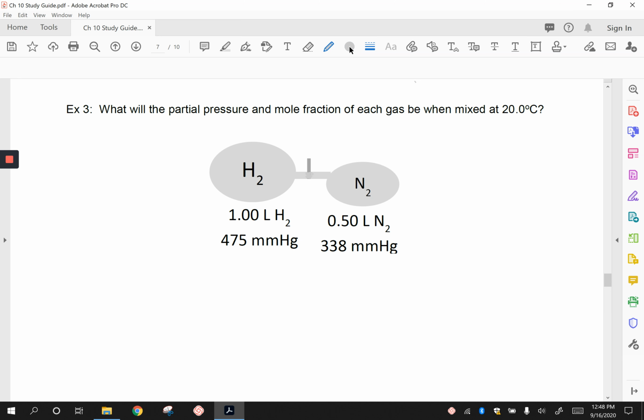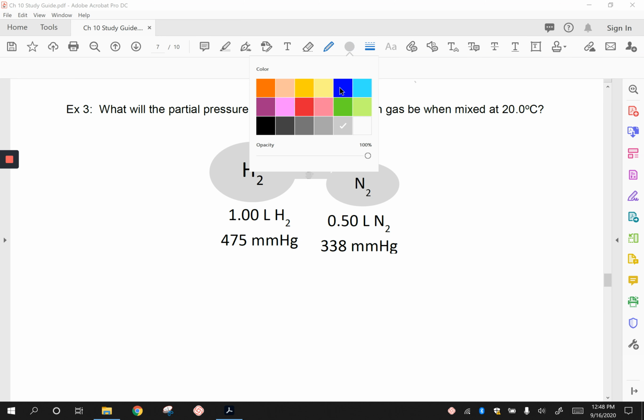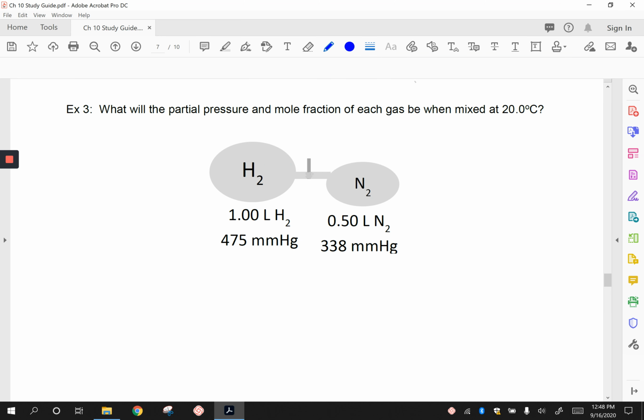So the first way is maybe we can use PV equals nRT for each of them separately to get the moles first. Then I can get the mole fraction, and then I can say that the partial pressure of each of the gases is equal to the mole fraction times the total, right?